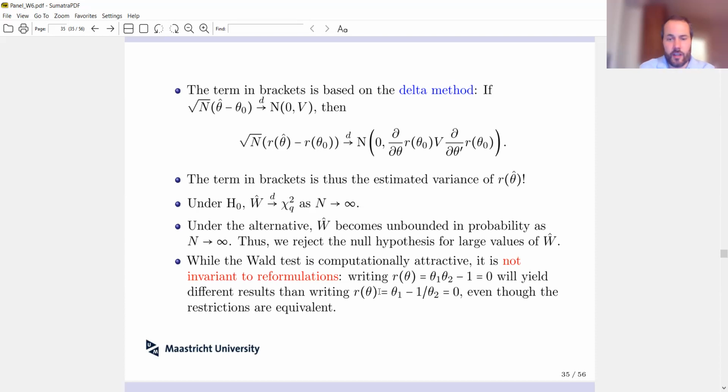However, if you use the Wald test, the same type of restriction will give you a different, or potentially different, test result. The statistic will change. This is not good, because in principle you can mess around with your restrictions and get a different test result, so you can basically cheat. That's the short story, and you don't want people to get the opportunity to cheat.